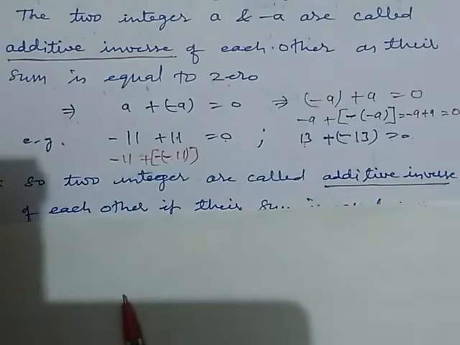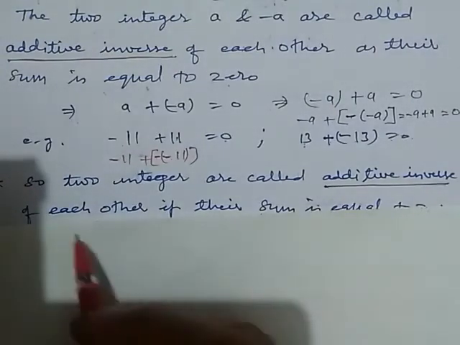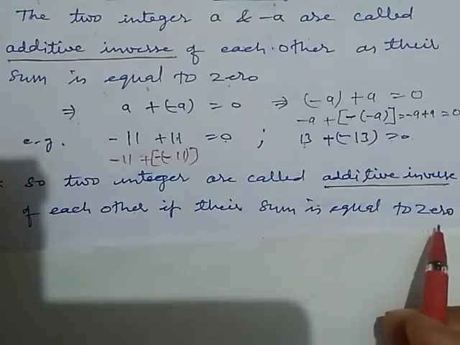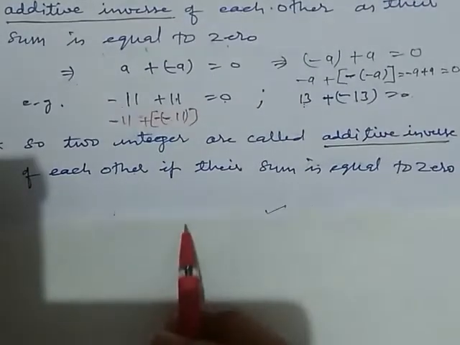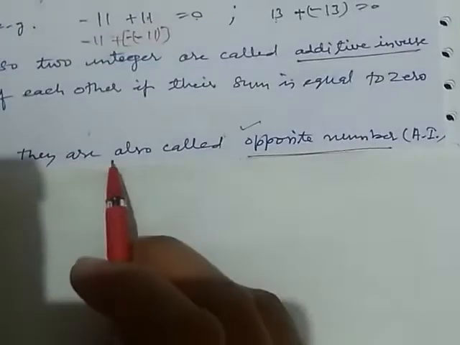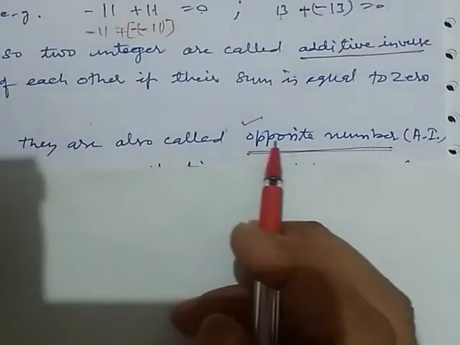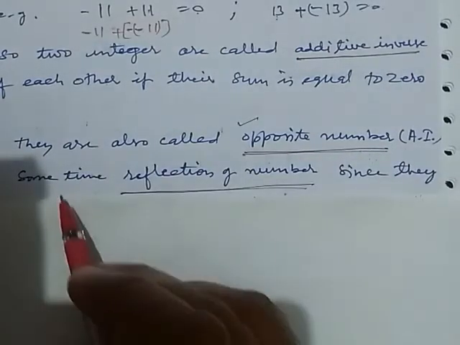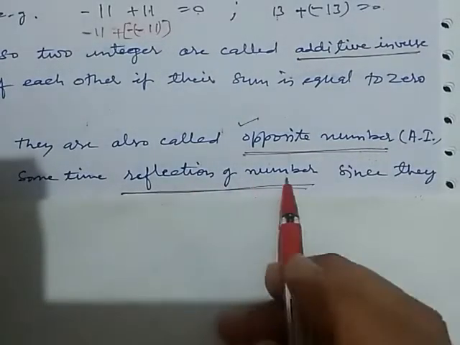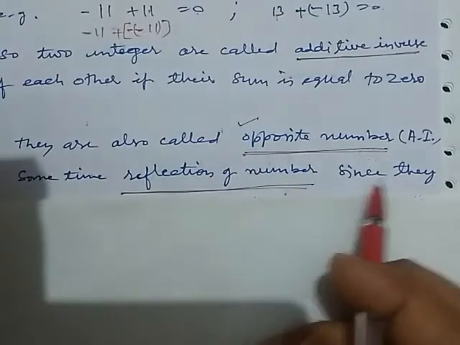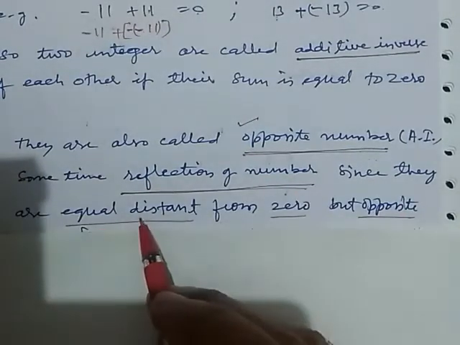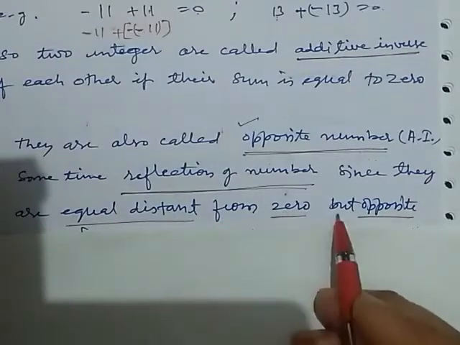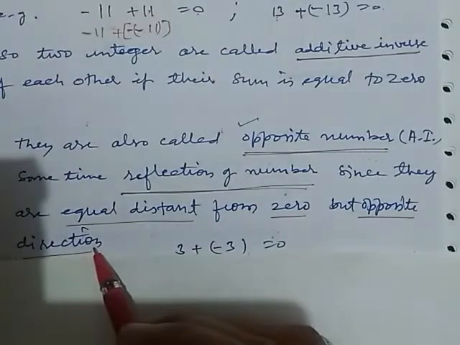So two integers are called additive inverse of each other if their sum is equal to 0. They are also called opposite numbers, sometimes reflection of a number, since they are equal distance from 0 but in the opposite direction.